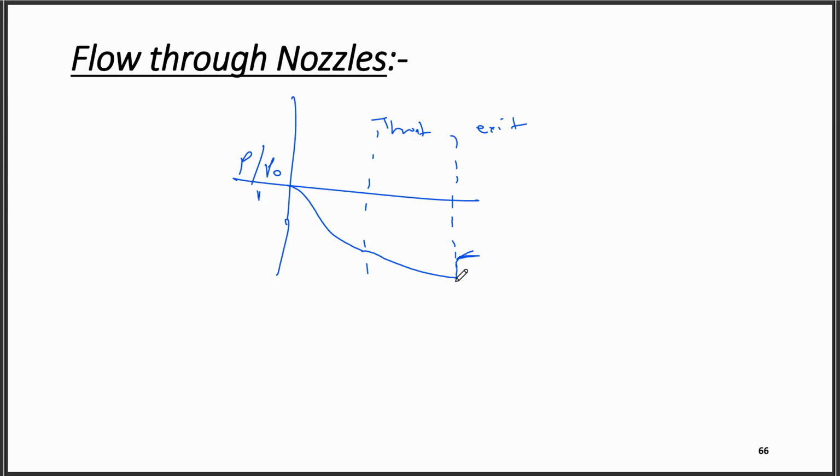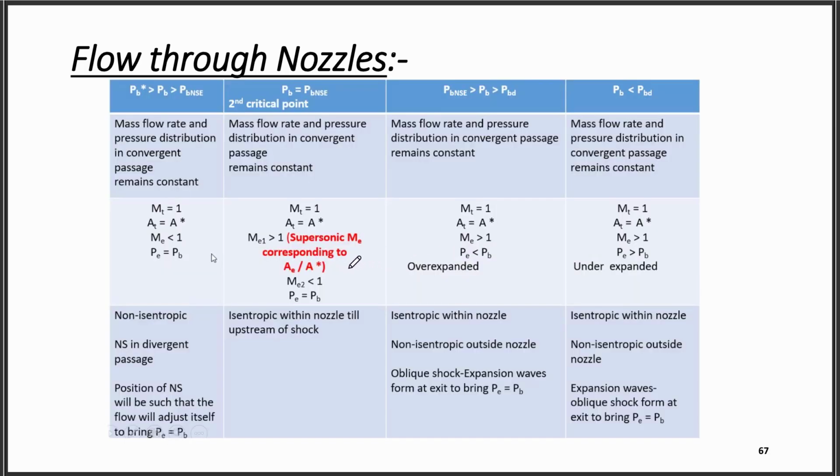So at exit, let's say this is E, then this is ME1 and this is ME2. So this ME1 will be greater than 1 and ME2 will be less than 1. So before this shock, it will be fully supersonic solution corresponding to the third critical point, but just after that it will be subsonic. So this is the third critical point. And this isentropic flow will be till the upstream of the shock.